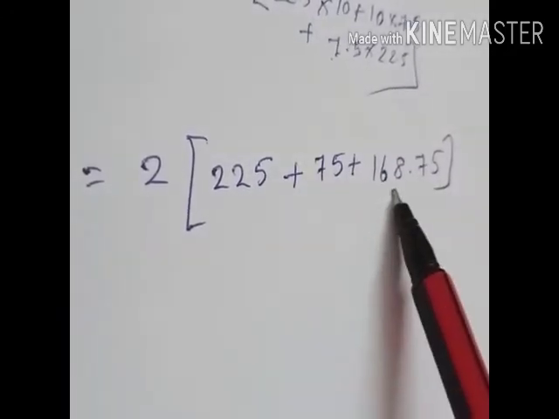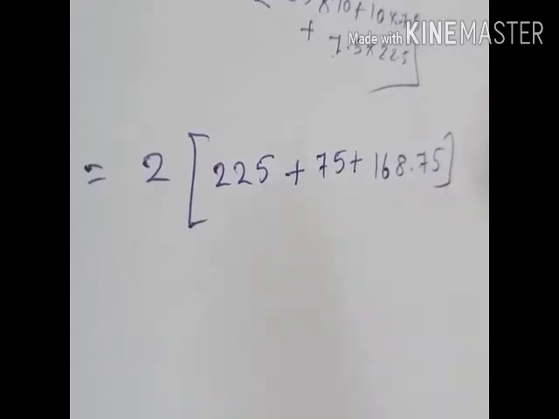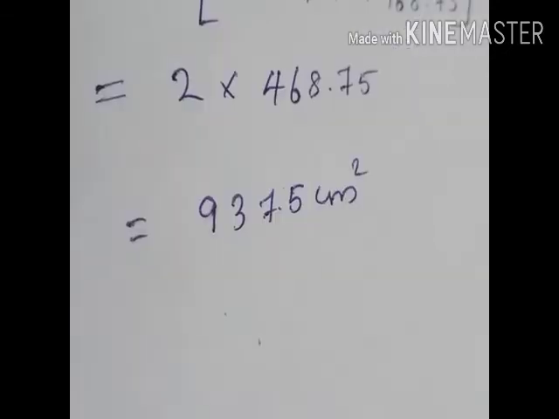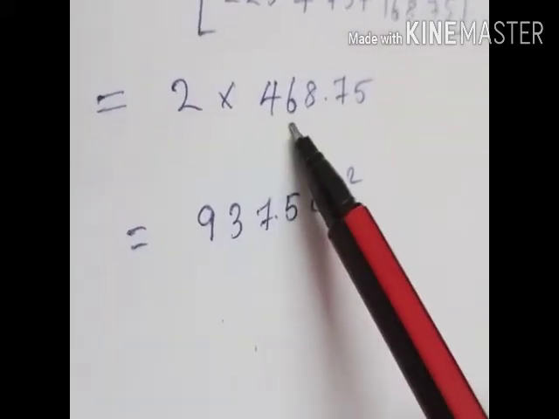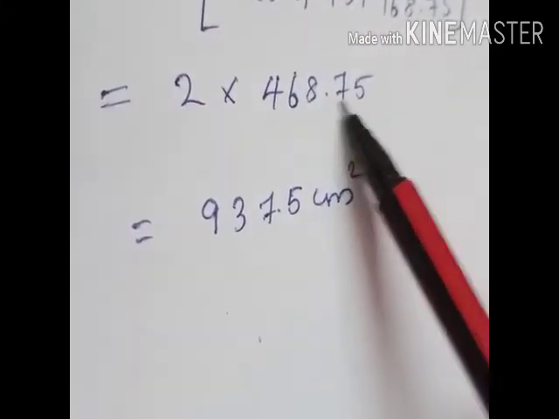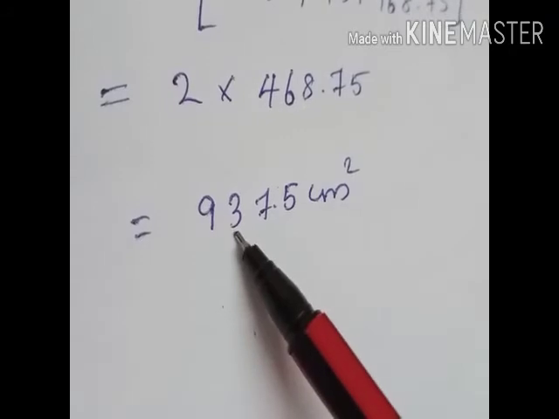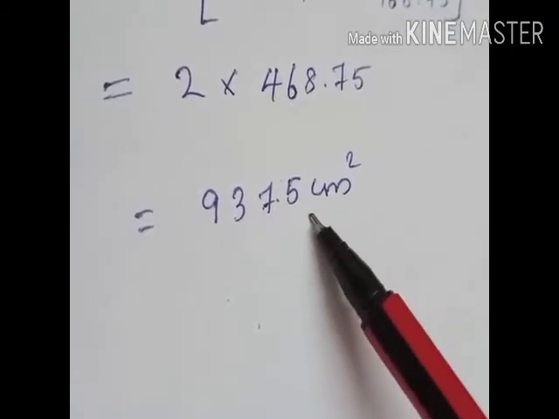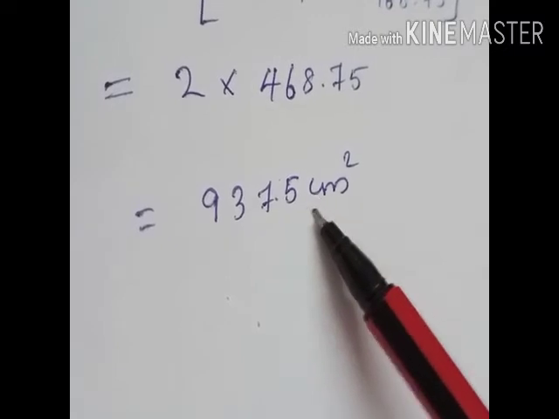So 168.75. Then we add these all and multiply that by 2. That is 2 into 468.75, which equals 937.5 centimeter square, because length, breadth and height are given in centimeter.